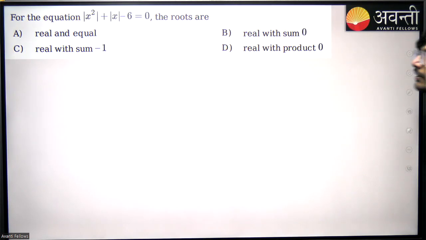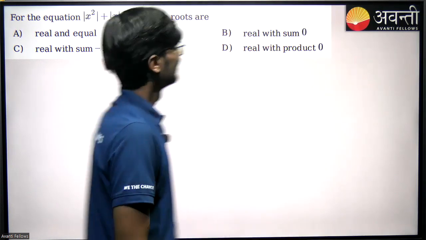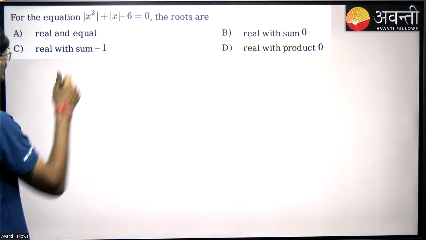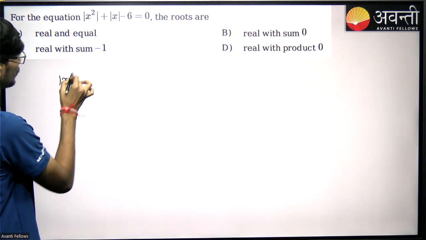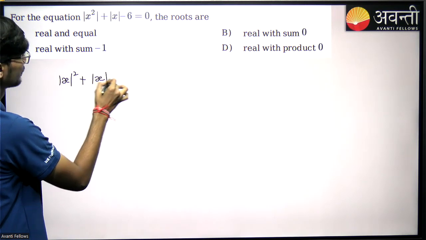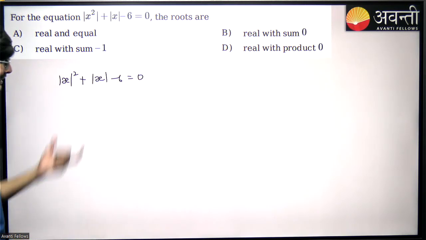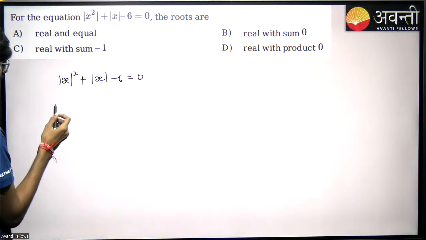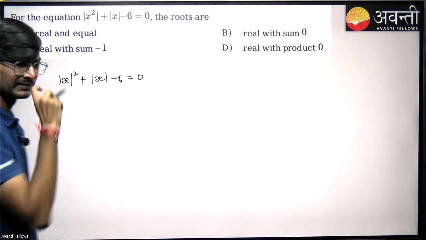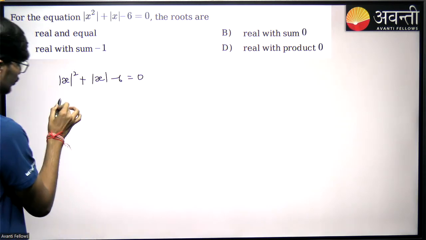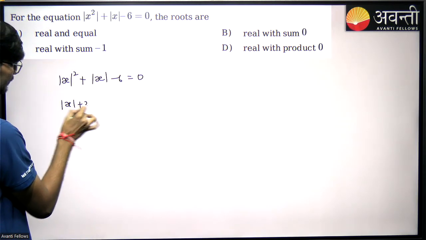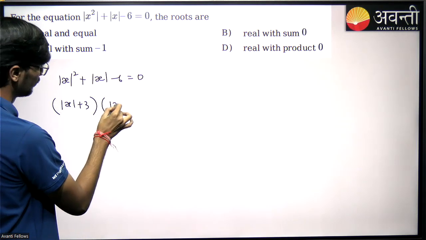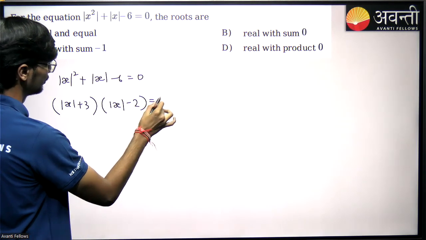In the equation, as you can see, we can write this term as mod x squared plus mod x minus 6 equals 0. This is a quadratic equation. We can factorize it, guys. What are the factors of minus 6? I guess 3 and minus 2. So (mod x plus 3) into (mod x minus 2) equals 0.